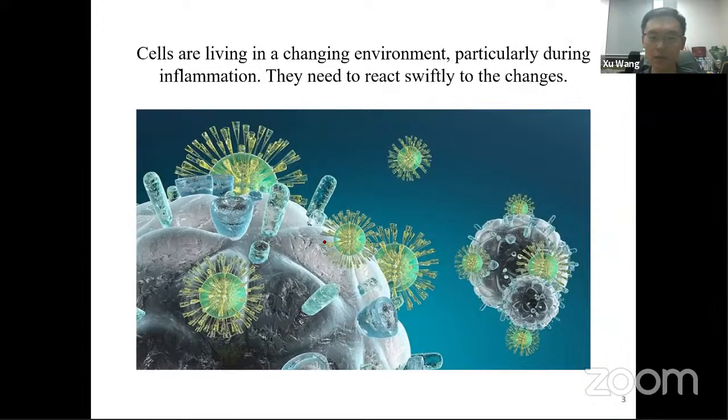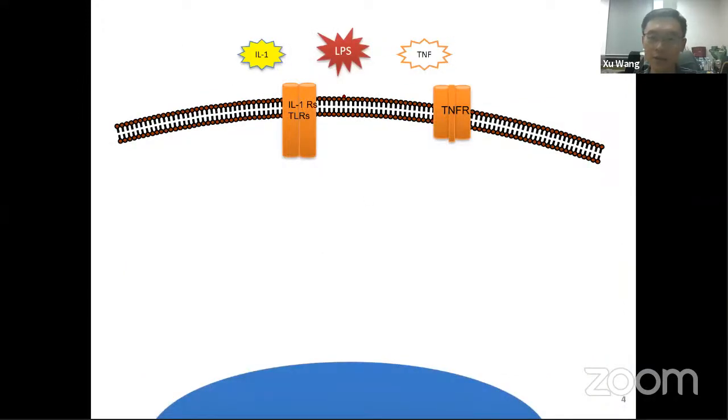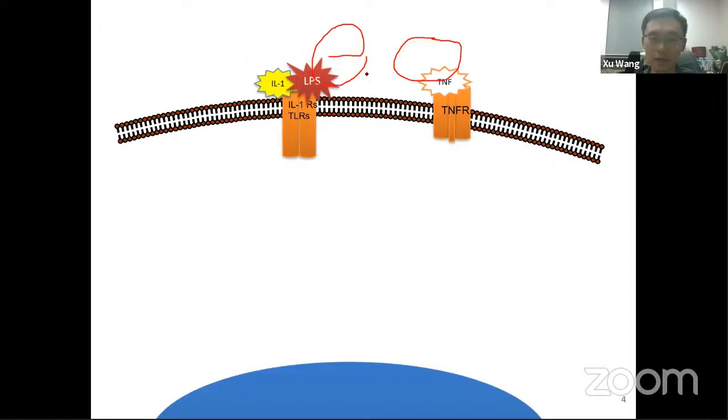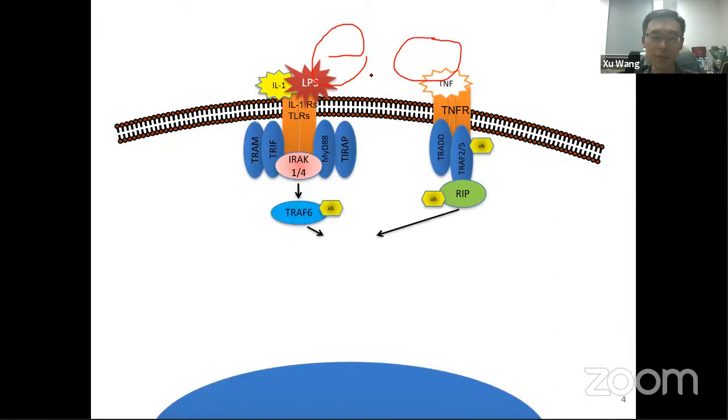So how can the cells respond to the changing environment? When the cells encounter pro-inflammatory stimuli, for example, LPS, which is also called lipopolysaccharide, a material from bacteria, and TNF, a cytokine whose full name is tumor necrosis factor, a very strong inflammatory cytokine, then the intracellular signaling pathways are activated.